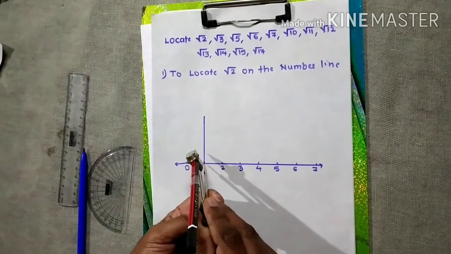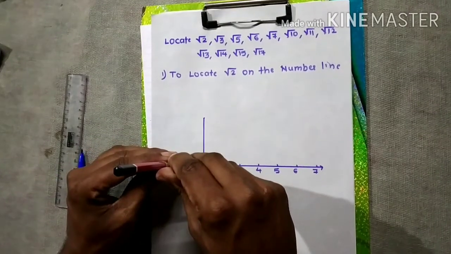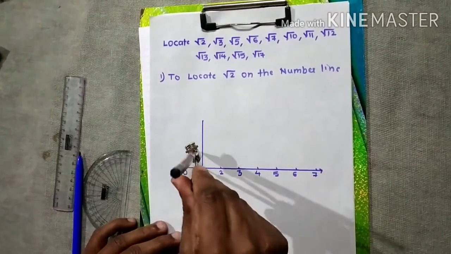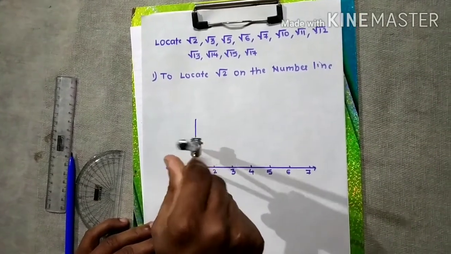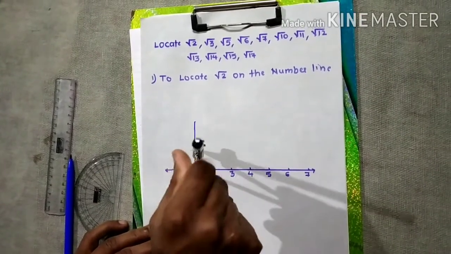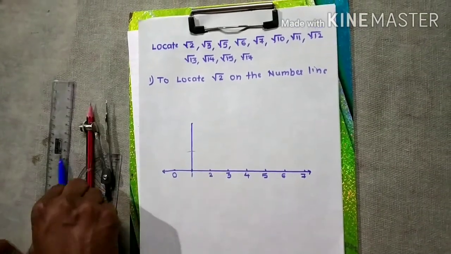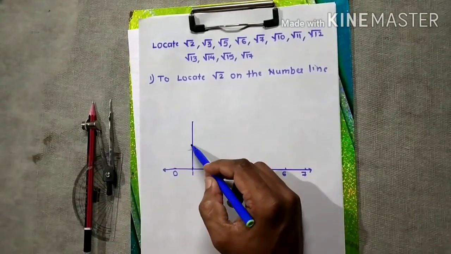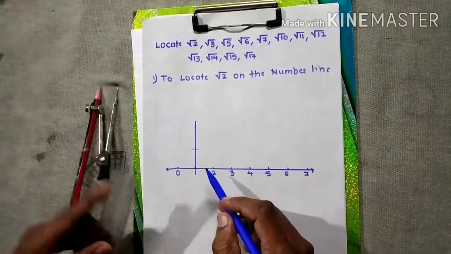Then you have to keep the compass here. Then cut the distance of 1 unit like this. This remaining portion you all can drop with the rubber.